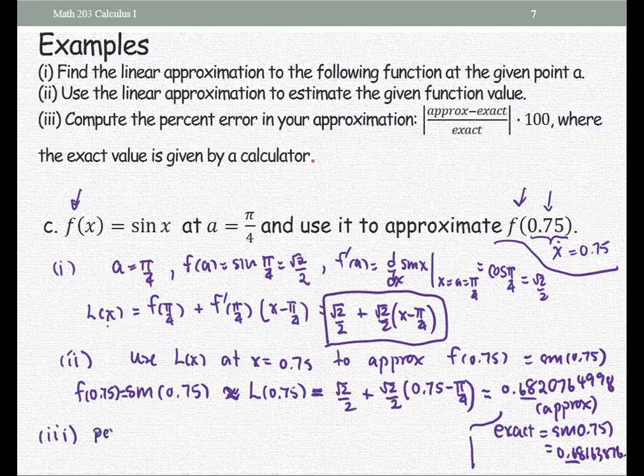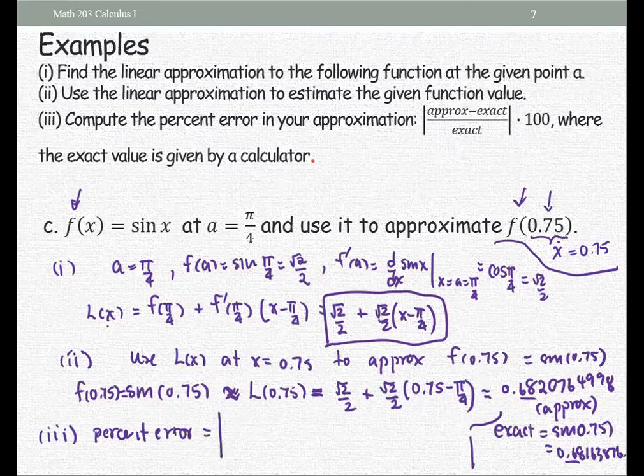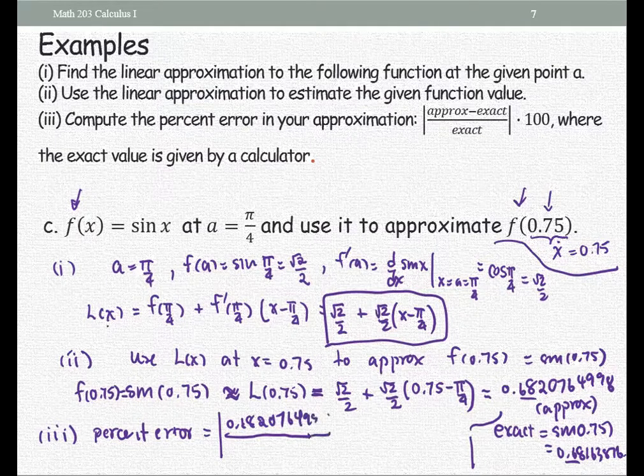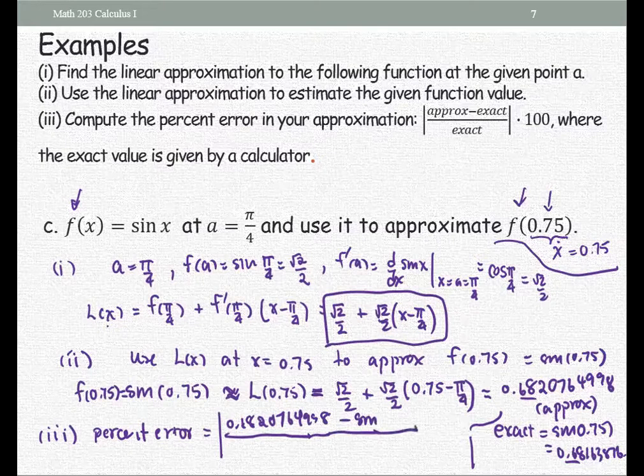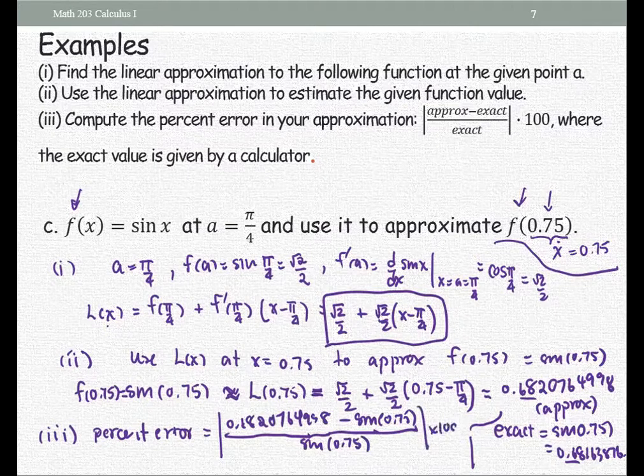So the percent error, which is the absolute value of the difference of the approximate, or the Lx that we just got, which is 0.6820764998, and then subtracted by the exact, which is, if you put in a calculator, just type in sine, do not use a decimal form of it, because we want the really exact number, and divided by sine of 0.75, multiplied by 100%.